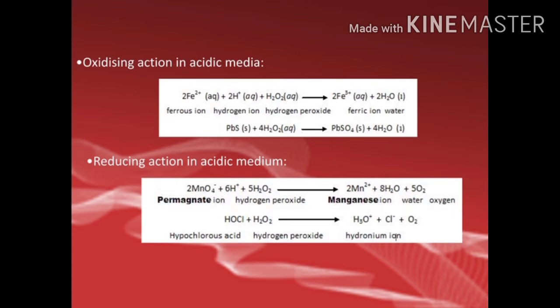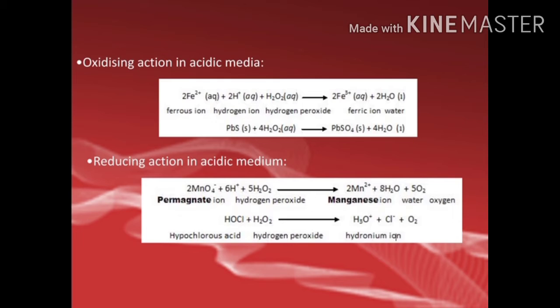Mn oxidation state in permanganate ion is +7, but manganese ion oxidation number is 2 plus. So the oxidation number decreases. Therefore, reduction takes place. Here, the reducing agent is hydrogen peroxide in acidic medium. So, hydrogen peroxide acts as a very good reducing agent also.